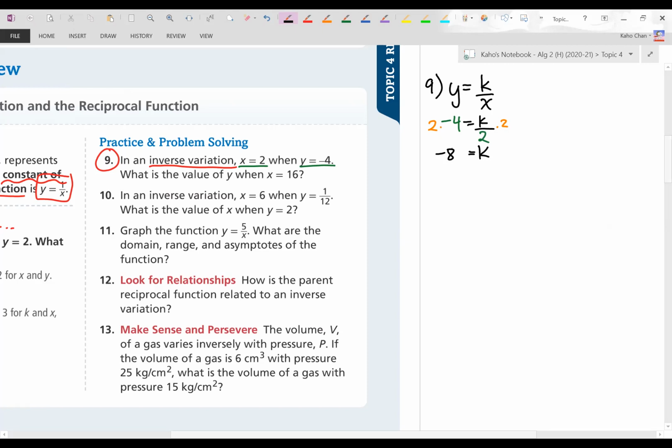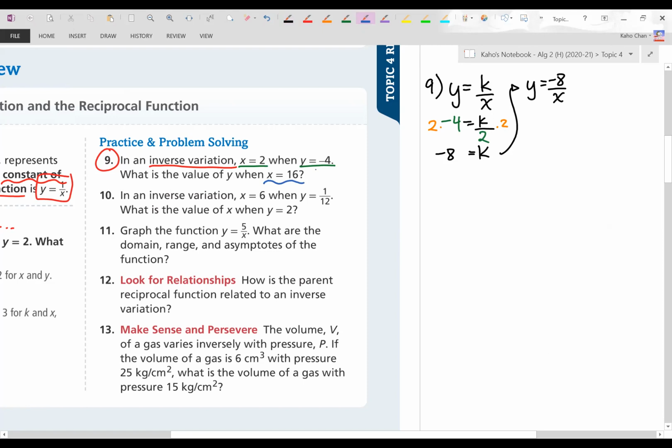Now solve for the actual question. So I'm resetting the equation. We no longer need x equals 2 or y equals -4. We just found k equals -8. I'm setting it up for the actual problem. Here's the question.